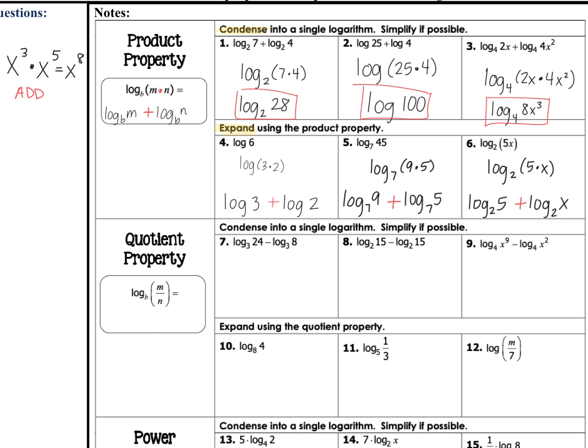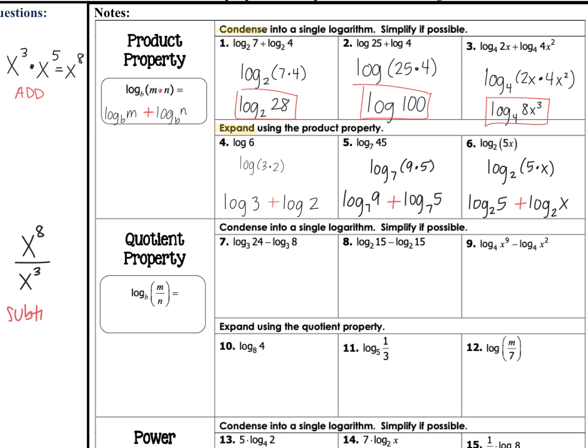What you know about exponents, we'll take that knowledge and apply it to logs because they're basically the same. If I have something like x to the 8th over x to the 3rd, how do I get my simplified expression? Subtract them, right?